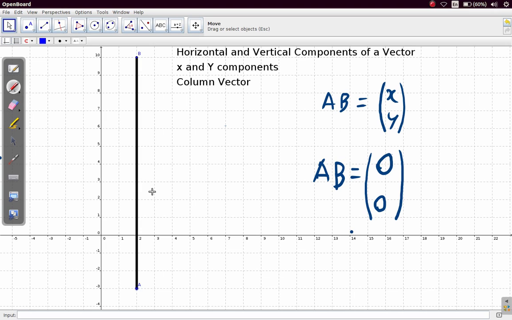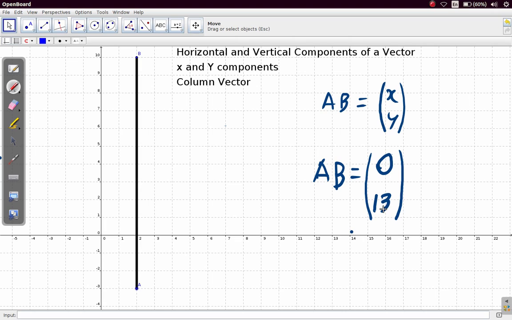What about the vertical component? Let's see. Did you move vertically? Oh yes, you did. How much? 1, 2, 3, 4, 5, 6, 7, 8, 9, 10, 11, 12, 13 upwards. Positive direction. So what you have is a positive 13.